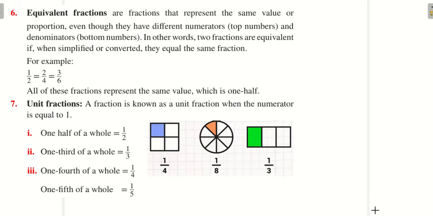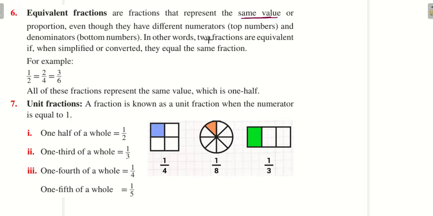Now let's move on to the sixth type, which is the equivalent fractions. Equivalent fractions are fractions that represent the same value or proportion even though they have different numerators, top numbers, and denominators, bottom numbers.